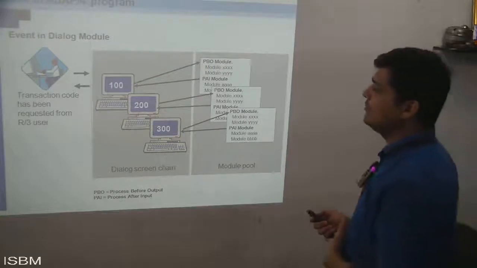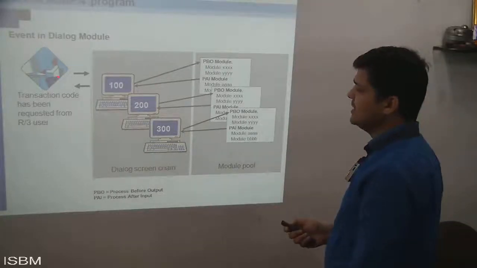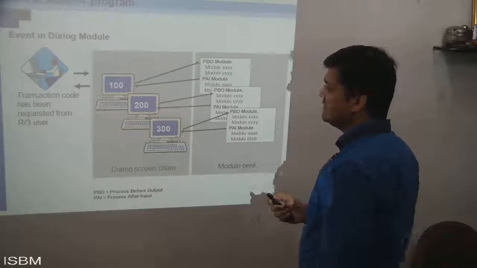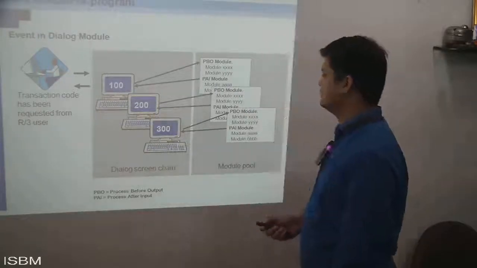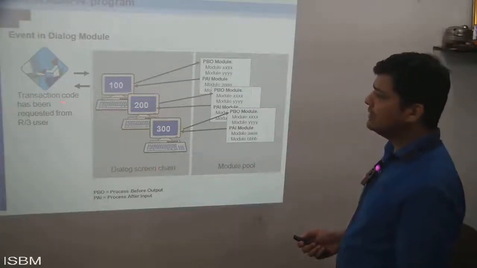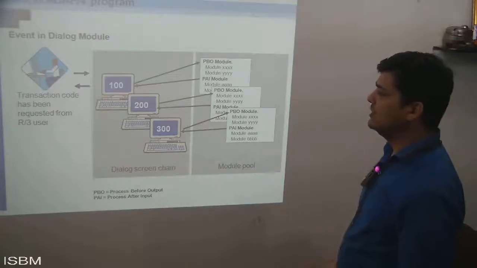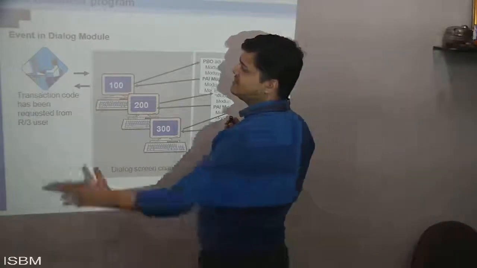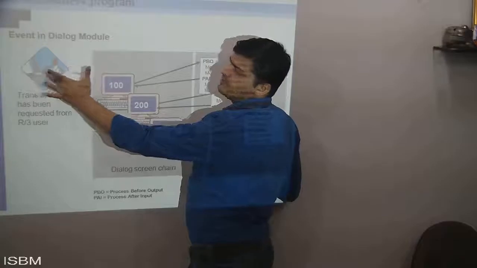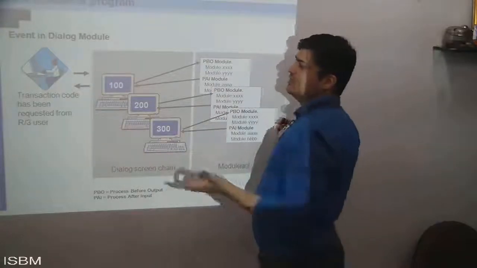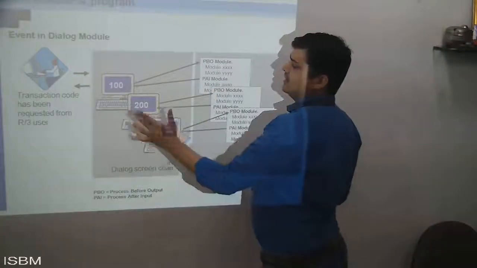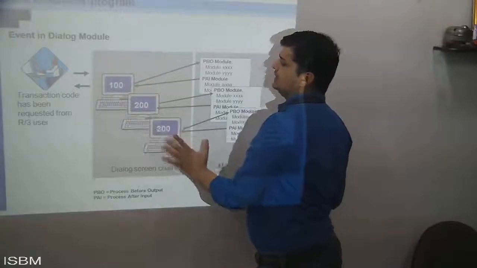So, events in a dialog module. You can see they have shown the events in the dialog module. Whatever events we have seen, we can see over here. See, a transaction code has been requested from RB3. This is the user; suppose in place of this user, we are the user, so we have sent some request. There are 3 screens: 100, 200 and 300.